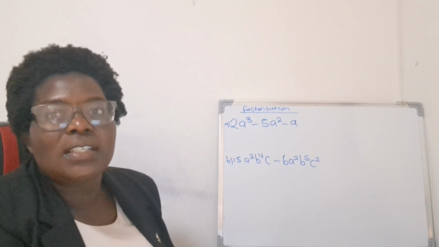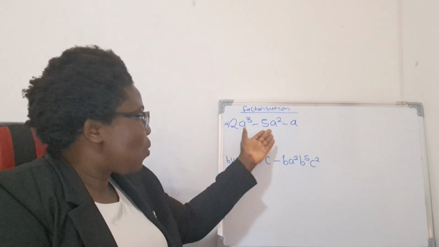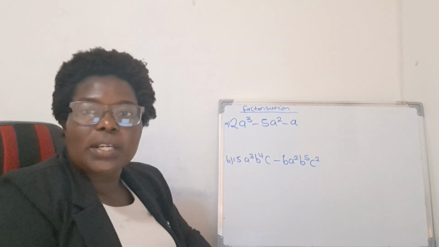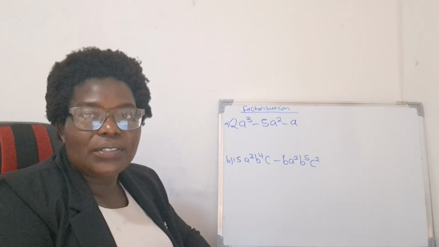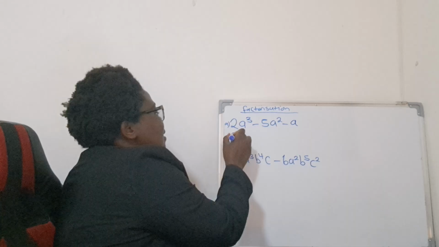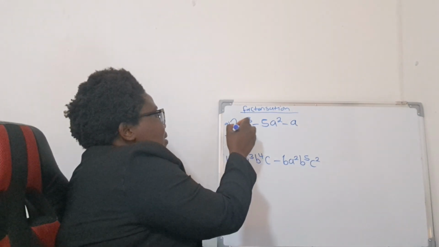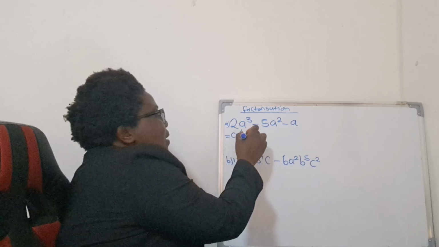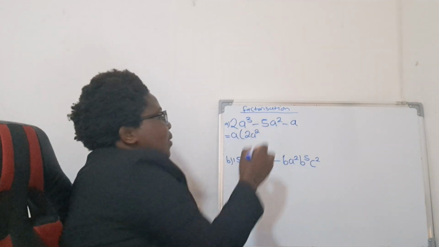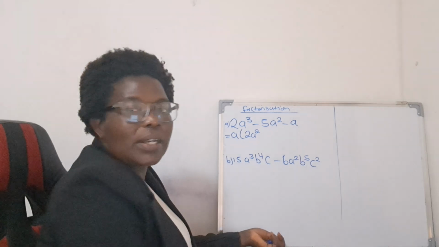The common factor in this scenario is the highest number that can get into all these expressions without leaving a remainder. We can see that it's a. So a into 2a cubed is 2a squared. Let's do the workings.